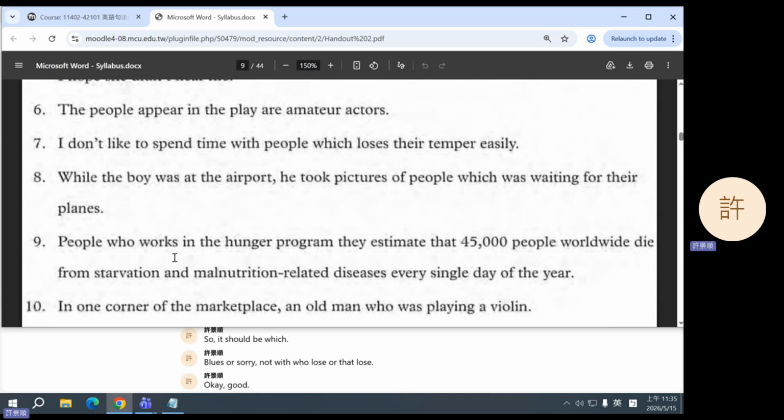You want to also try the next one, number 8? "Of people who," okay, that's right. Do we need to fix something else?